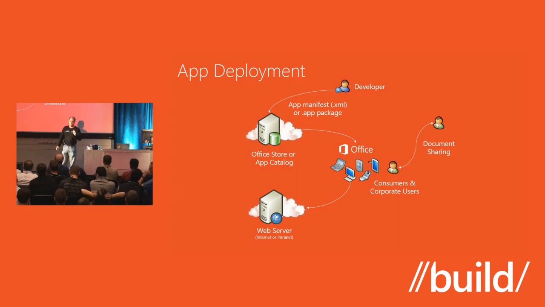Now, one very important aspect which differentiates this platform from others that have similar concepts of an app catalog and an app store is the document sharing aspect. When you insert an app for Office into a document, that app for Office becomes part of the document. Now, if I save that document and send it to you, you will receive the document. The app doesn't travel with the document.